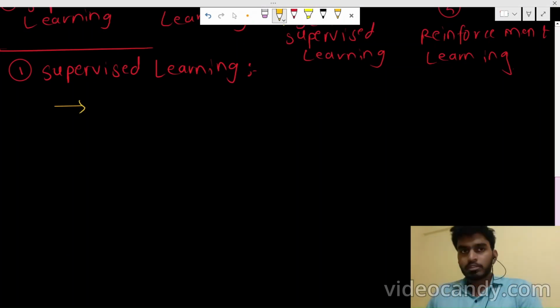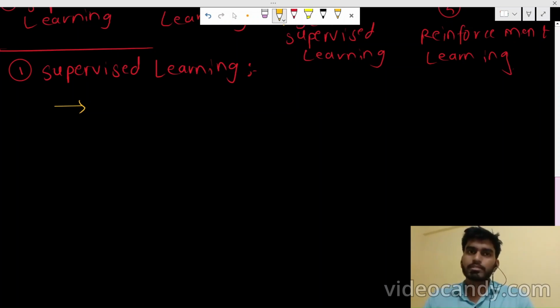Supervised learning, the name itself tells something about it. Supervised learning refers to data which is under supervision. What is the meaning of that? The data which has input columns and output columns as well. When you train a model using this kind of data, it's called the supervised learning method.